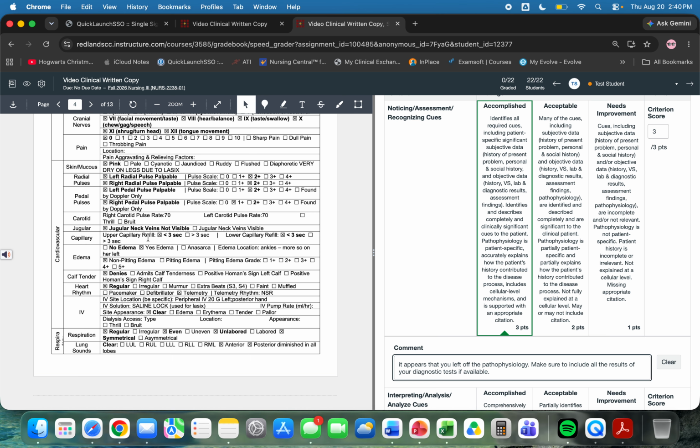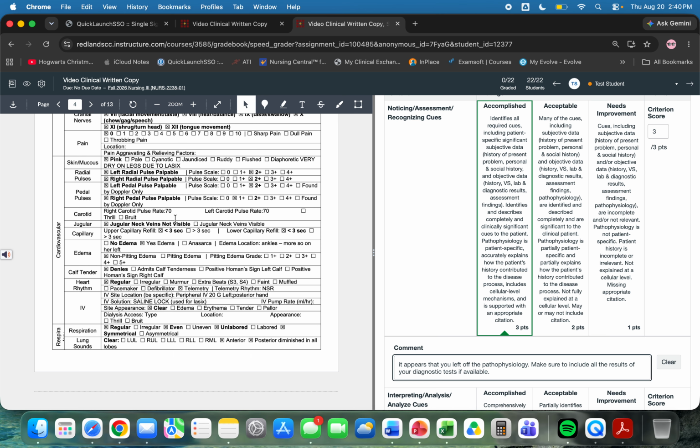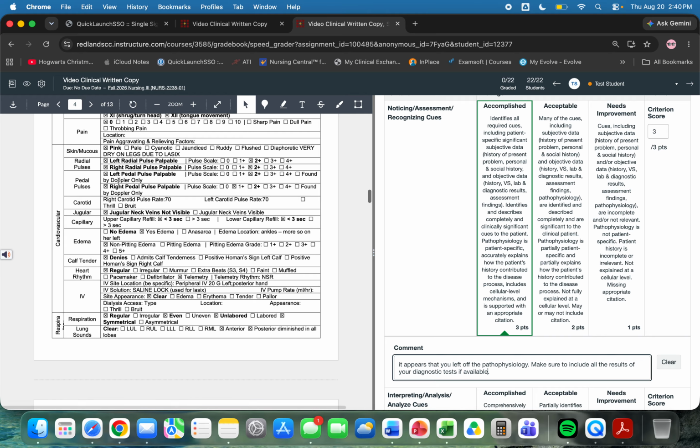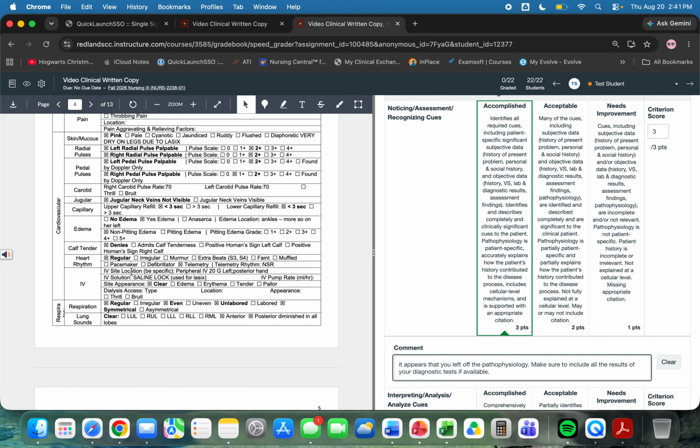So pulse rate was 70, looks like a +1 pulse over here, so slightly altered pulse, very dry legs due to Lasix, and she added that to her assessment here on her skin. Looks like she did identify the patient had a regular rhythm, no edema.